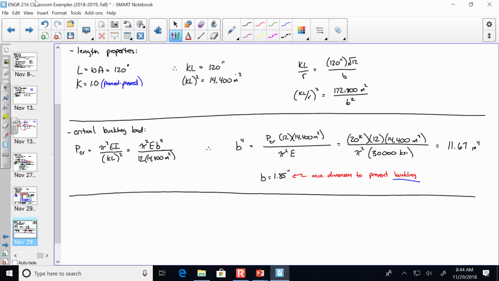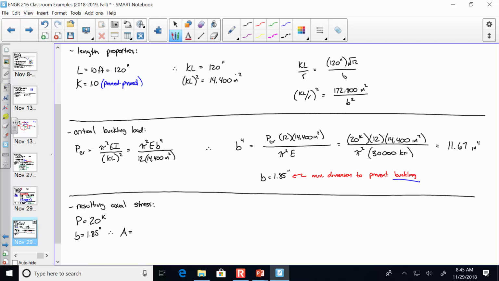Here's how I want to handle that. Resulting axial stress. Let's say that we apply 20 kips to this section. And let's say we take B to equal 1.85 inches.